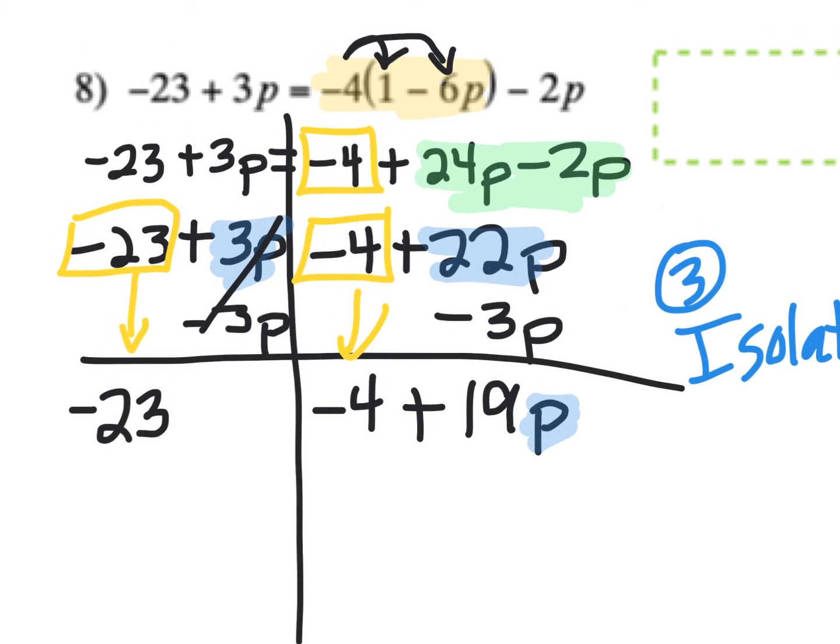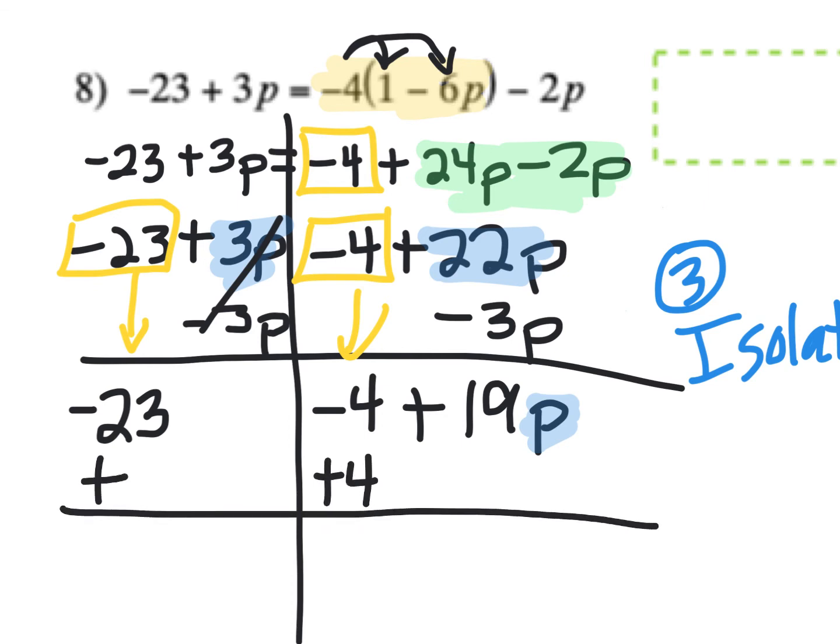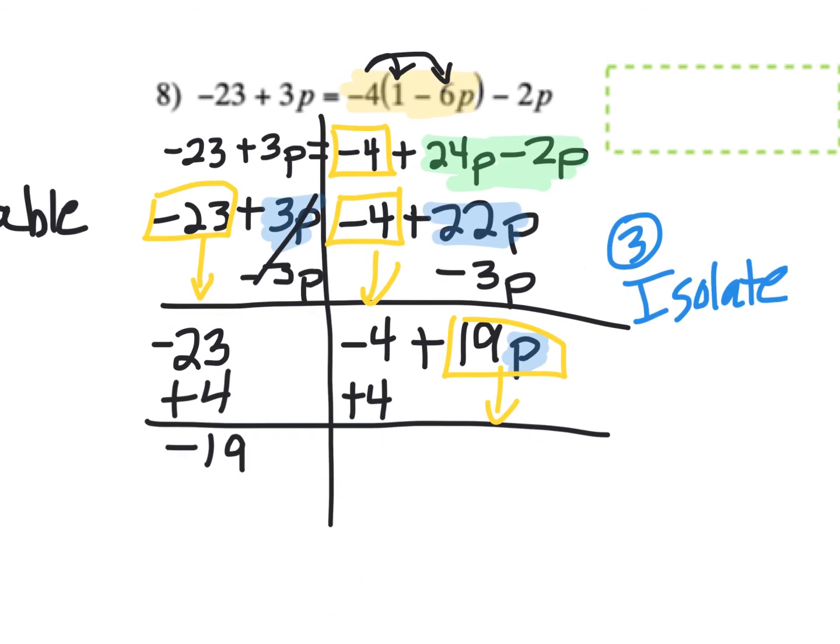So I need to get rid of the -4 with a +4. I know that I need to do it on both sides. So here, that would give me -19. Those will cancel. And I just need to bring down my 19p.